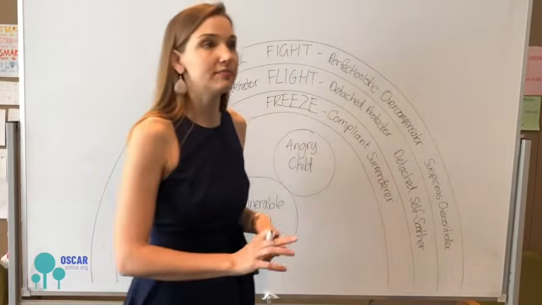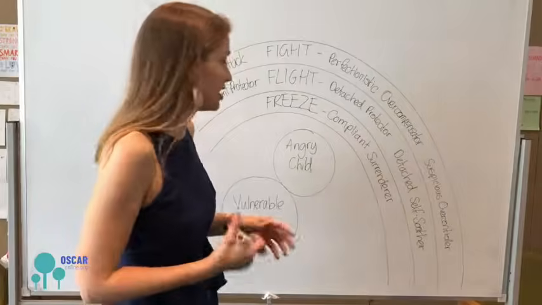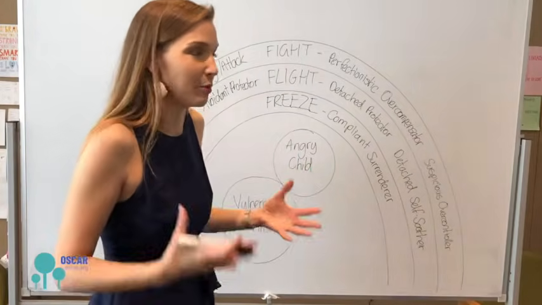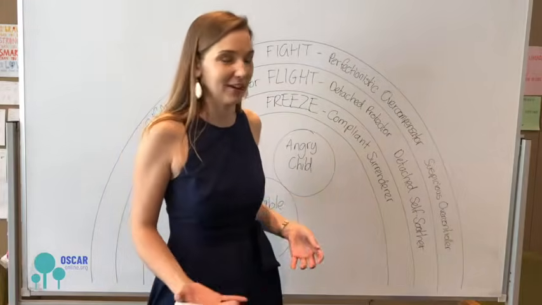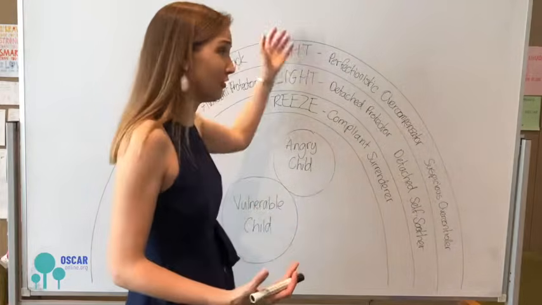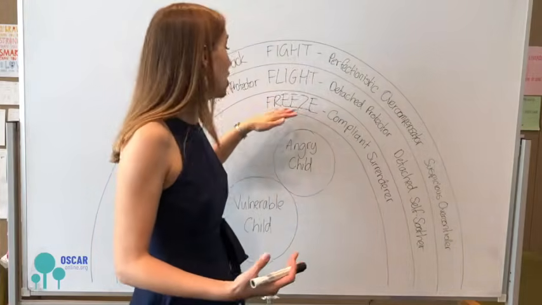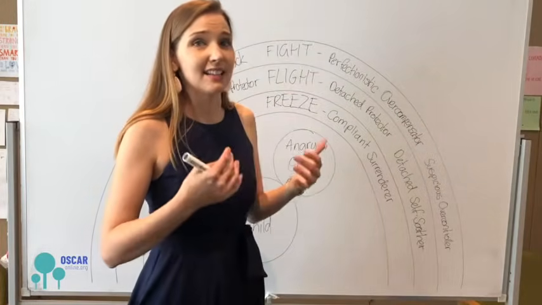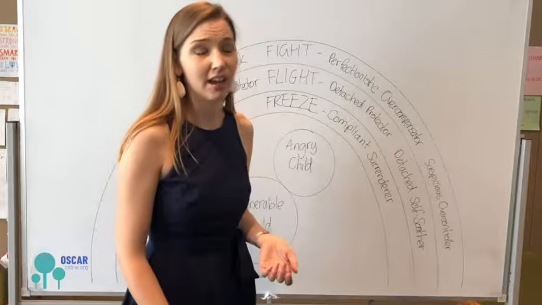So all of these are around flight, and for freeze we pretty much just have one. Compliant surrender. This is where the strategy is pretty much just give into it. Just go with whatever's happening. You don't like it, you don't want it to happen, but you've got no fight left, you've got no flight left. You're kind of at the bottom level in terms of your strategies, and it's that sense of I give up, okay?